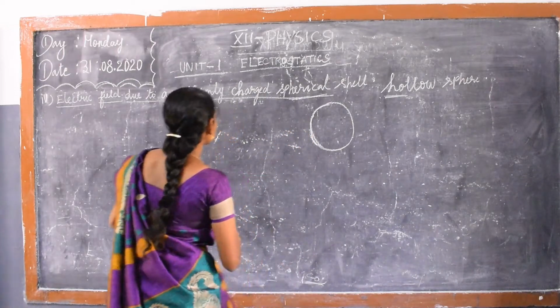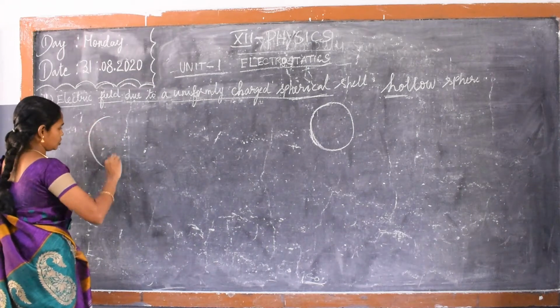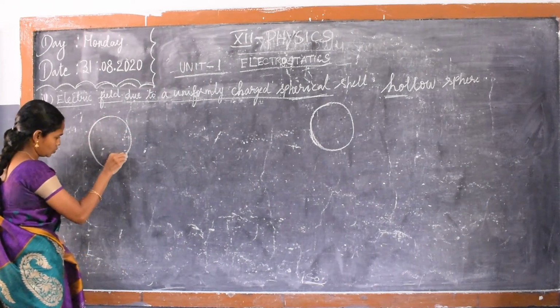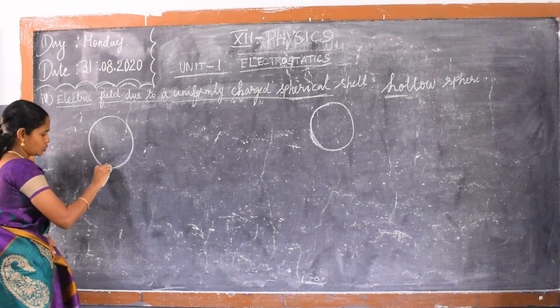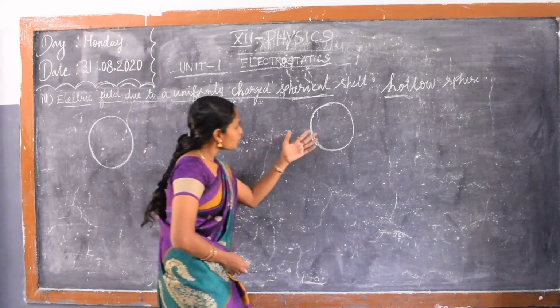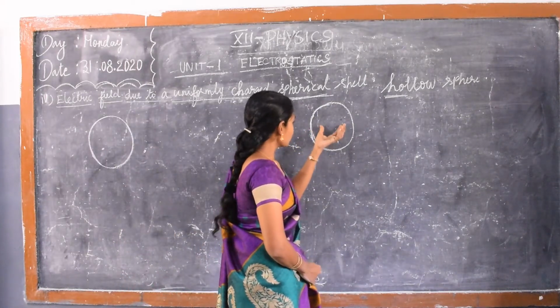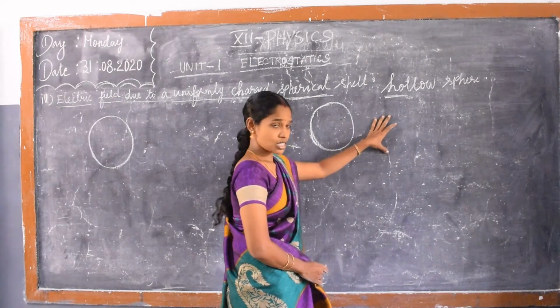Right? Okay, first of all, you have to take a sphere. For example, if you take a football, the inside of the football is empty, right? Suppose you take a watermelon, it is a solid sphere.